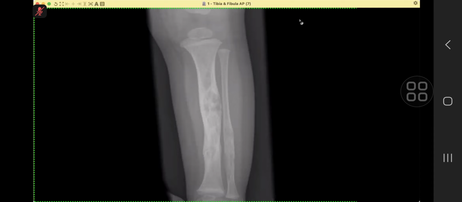First and foremost, looking at the tibia, the first thing that came to my mind was fibrous dysplasia. But sir, the fibular region appears to be more permeative, going more in favor of an infective etiology.